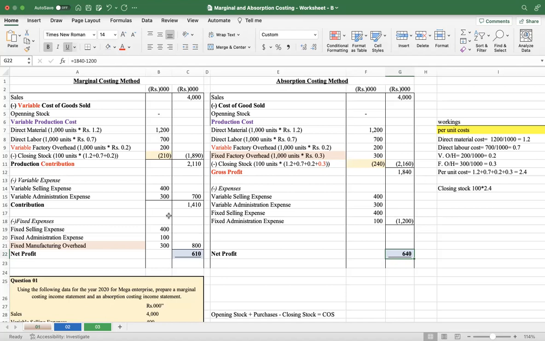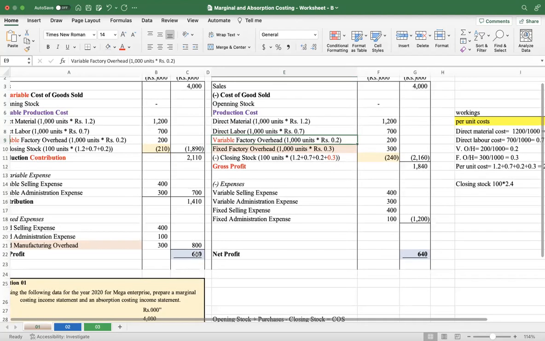But in marginal costing method, we only use variable costs. We only deduct variable factory overheads under variable production cost. But here, we take fixed factory overhead and variable factory overhead, both under production cost. That means total factory overheads are considered here. But in marginal costing method, remember, we only used variable costs. Right? Because of the calculations that we do here, there is a difference here.